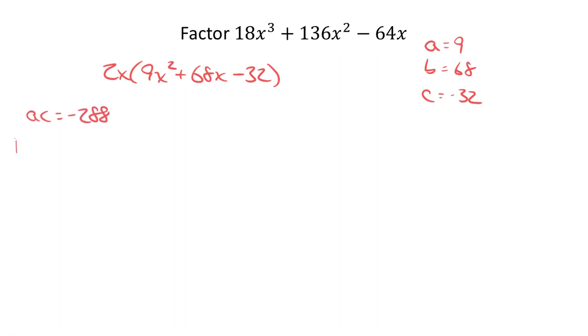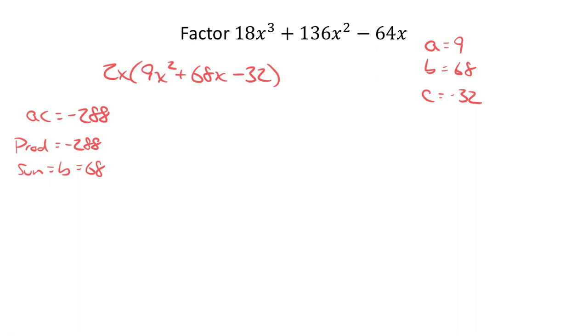We want to find a pair of numbers whose product is negative 288, but whose sum is the B value, which in this case is 68. Remember, because the product is negative, we're going to write down factors of 288, and the difference is going to have to equal 68.